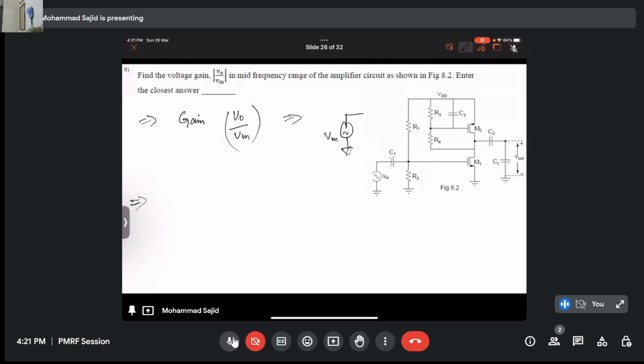Okay, so this is your circuit. Let me just draw the equivalent circuit here. So this will be R1 parallel R2.